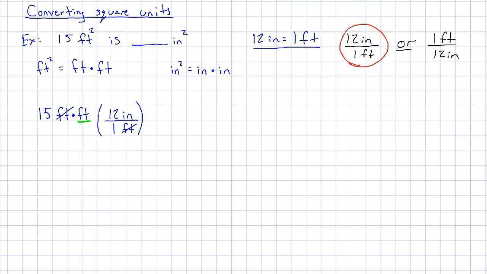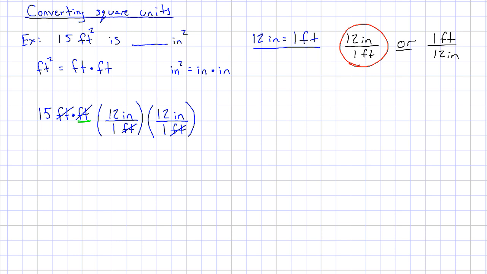So what I'm going to do is I'm actually going to repeat this process again. In order to cancel it a second time, I'm going to multiply again by 12 inches over 1 foot. And that allows me to cancel the second of my feet units.